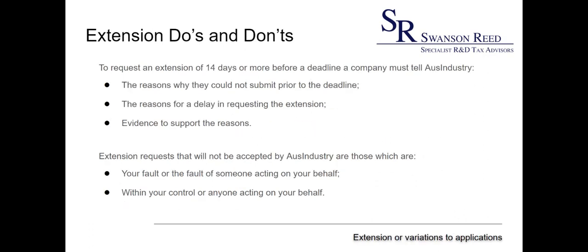To request an extension of more than 14 days before a deadline, a company must tell AusIndustry the reasons why they could not submit prior to the deadline, the reasons for a delay in requesting the extension, and evidence to support the reasons. Extension requests that will not be accepted by AusIndustry are those which are your fault or the fault of someone acting on your behalf, or within your control or anyone acting on your behalf.